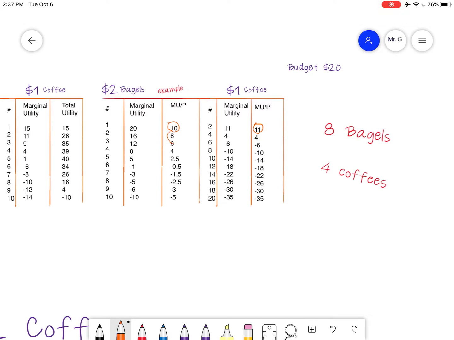And then we would choose 8, and then 6, and then 4, and then 4. And we would keep going through until we spent our full budget of $20. And the final combination would be 8 bagels and 4 coffees.